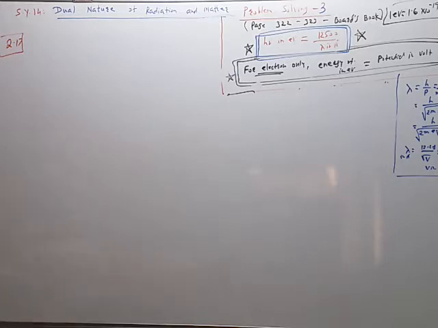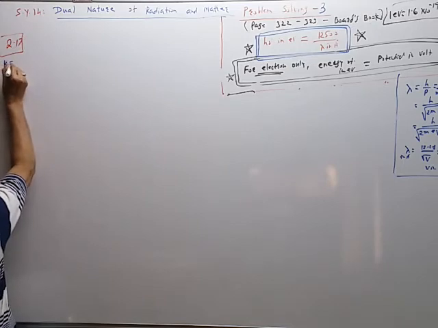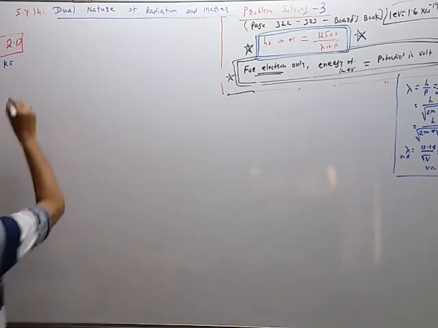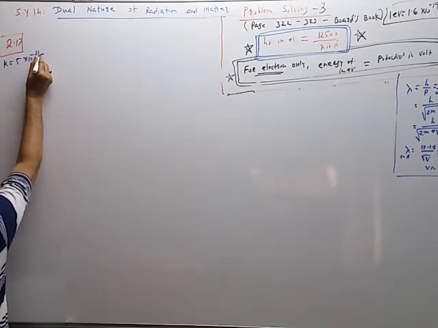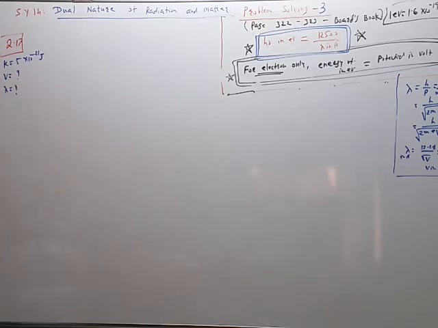Energy is given. K is equal to 5 into 10 to minus 21. It is already in joule, no conversion. So speed V is equal to question mark, lambda question mark.